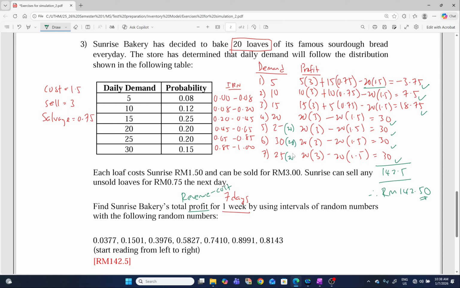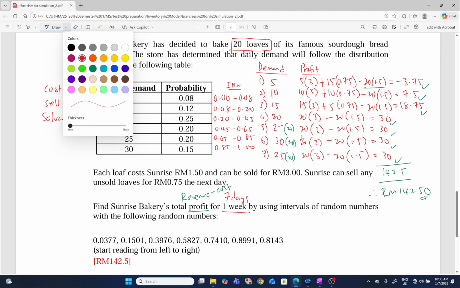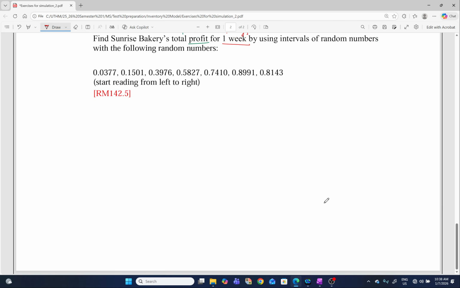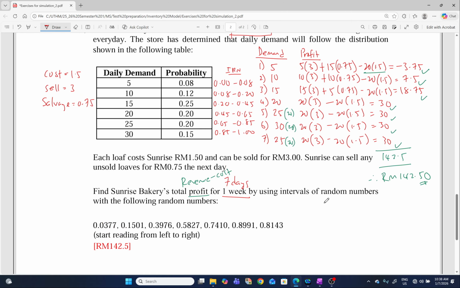Sebab maksimum kita buat 20. Alright, so that's all about regarding simulation. Question 4.